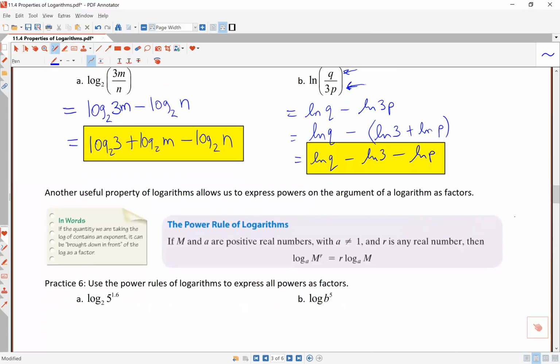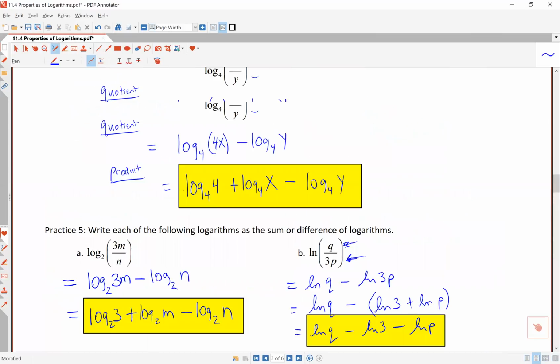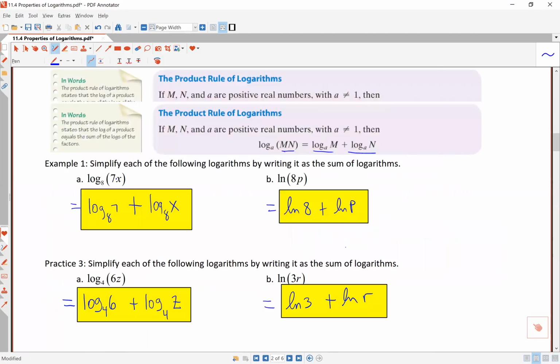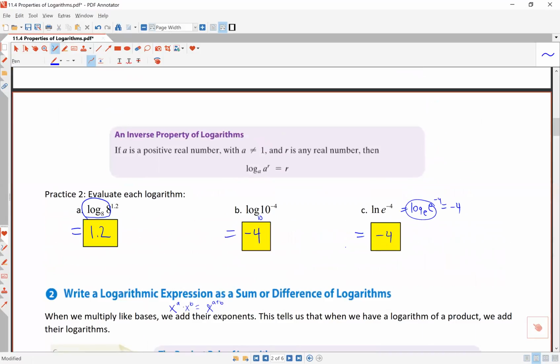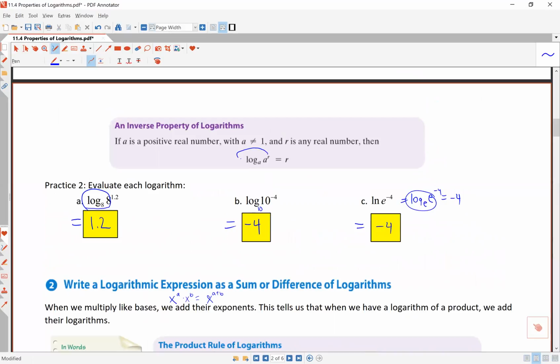Another useful property of logarithms allows us to express powers on the argument of the logarithm, that's the m, there's a power on m, as factors, and so it brings that r down in front. We saw something similar with inverse properties, where the r would come down in front of the log base a of a, but that property says that's 1.